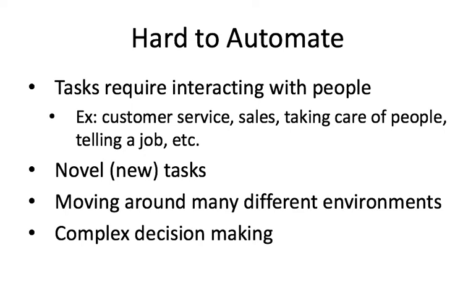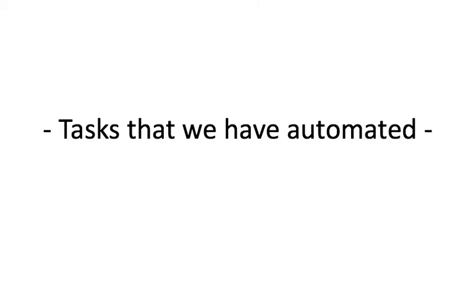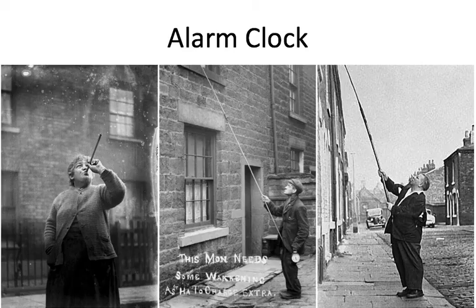Okay, and it's not only large industries that have done automation. Normal people like you and me have actually automated stuff in our own life. Here are some examples of things you've automated, maybe even in the last day. One, alarm clocks.